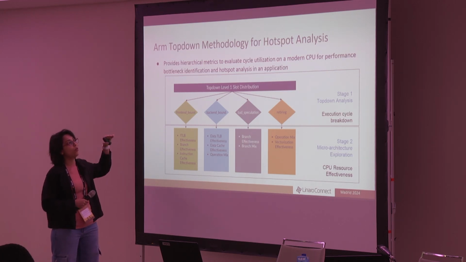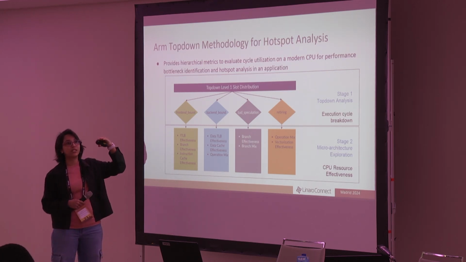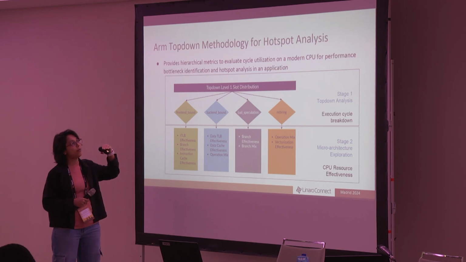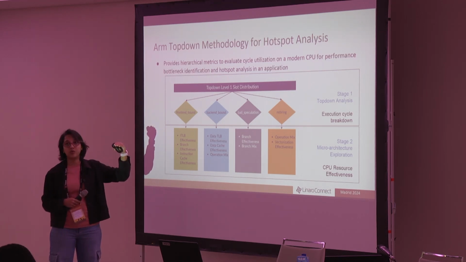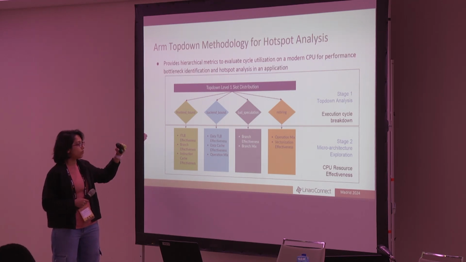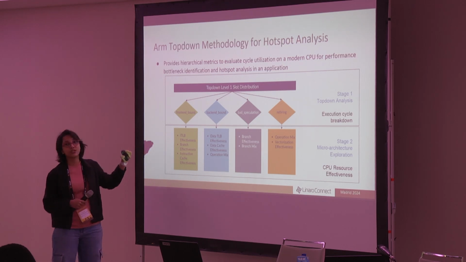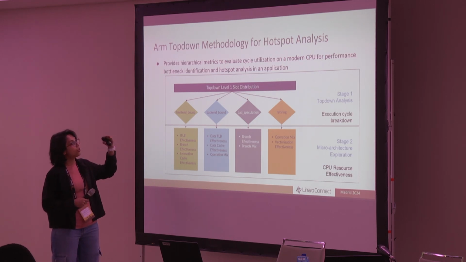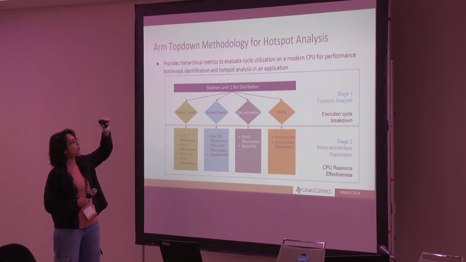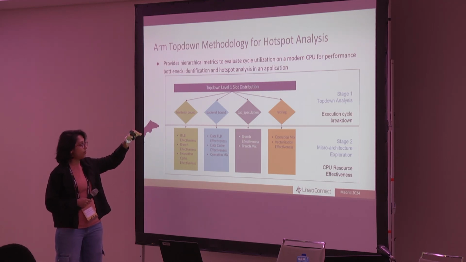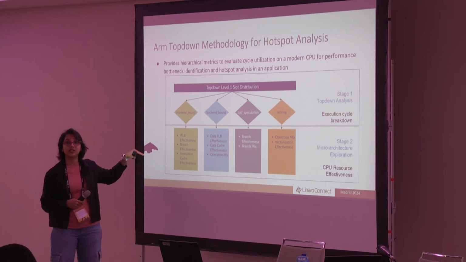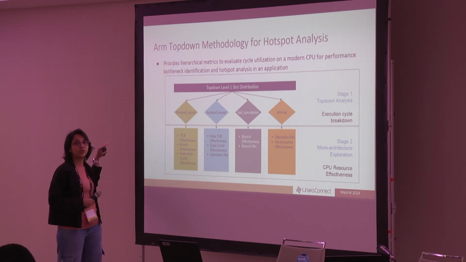So as we saw before, we have events that are specifically measuring what's happening in different parts of the CPU. For example, an ITLB, a branch unit, instruction cache, et cetera. Those have their own respective metrics, and then we provide guidance: if you land at front-end bound, we recommend you use the events in ITLB, branch, or instruction cache, because these are units specific to the front end.